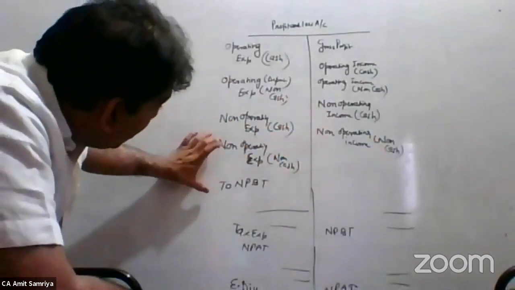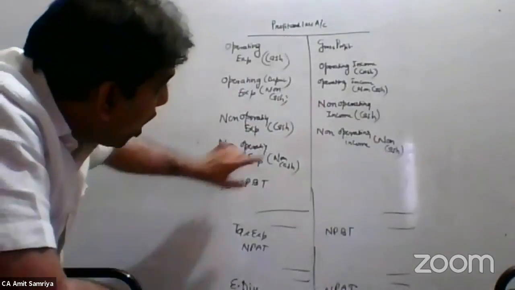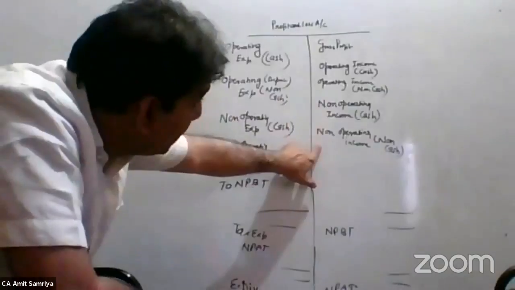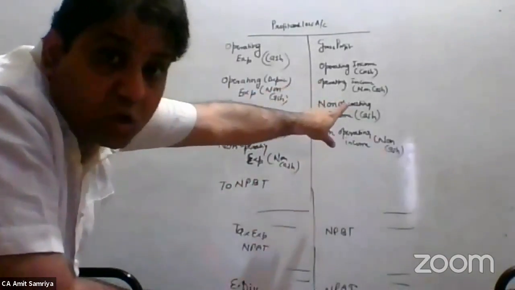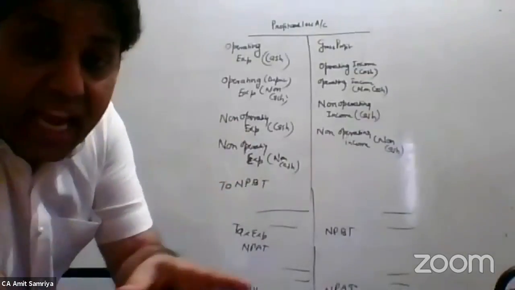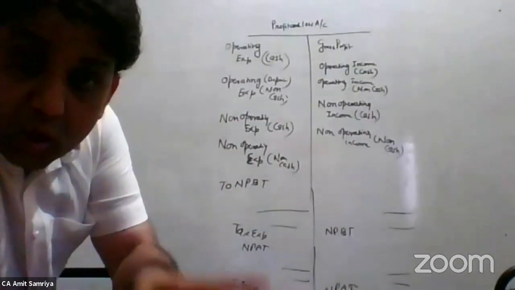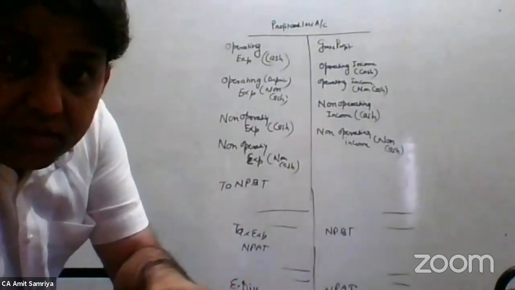So we start from net profit before tax, and all non-operating income, whether cash or non-cash, is deducted, and operating income which is non-cash is also deducted, because we need operating cash only. The two requirements: we need operating cash, so there should be no non-operating, there should be no non-cash.